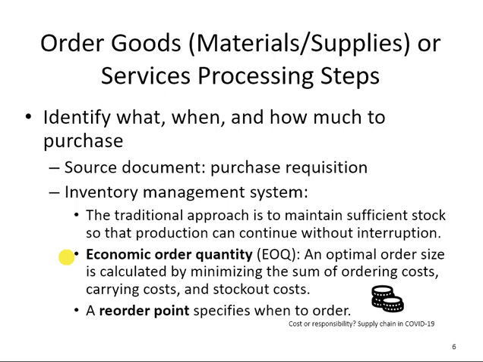Once production is interrupted, the stock out cost will be super high. Or I can carry a lot of inventory. The stock out cost will be minimized, but the carrying cost will be super high. And it also depends on the frequency of ordering. Ordering cost will be higher or lower, depends. So we're going to minimize the sum of all these costs in this approach.